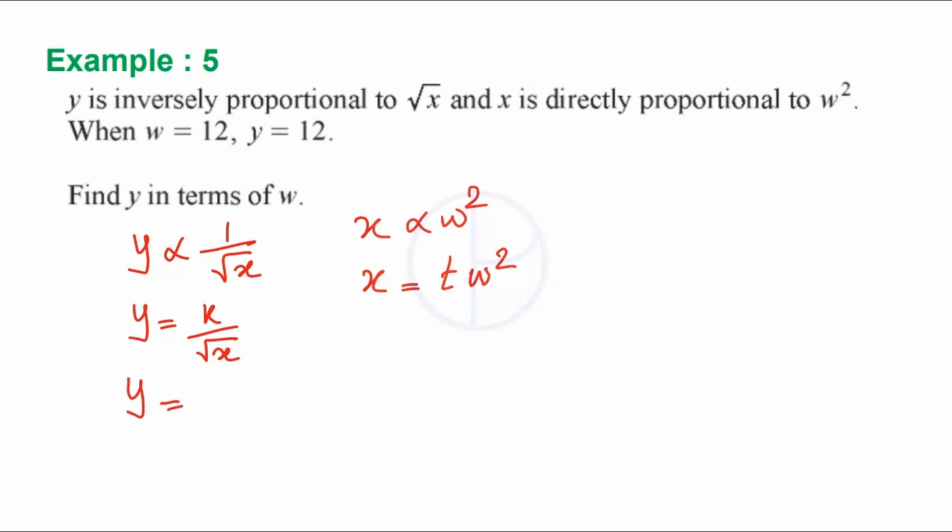So y is equal to k. For x, I'm going to substitute t w square. So the square root of t w square will be equal to k divided by square root of t multiplied by 1 over w. So k divided by square root of t is a constant.